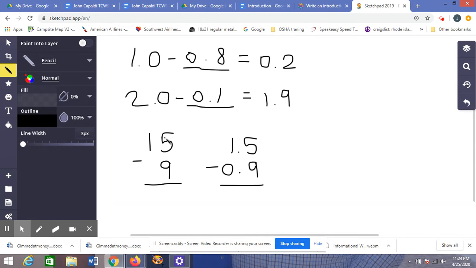When you do 15 minus 9, you could probably do that in your head, but if we did it out, we'd have to start, just like when we added, go all the way to the right, to the smallest place value. We're in the ones place, and we subtract the ones. 5 minus 9. I can't really do 5 minus 9, so I have to go over to the tens place. I got to borrow that 10. I got to bring it over here.